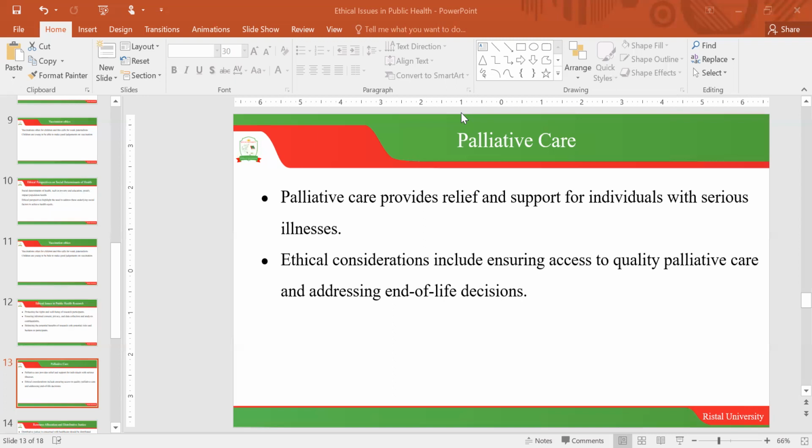Those of you who are very much interested in exploring, this could be an avenue. A private palliative care clinic. People who have terminal illnesses can be referred there, and you take care of them until they pass away peacefully. Okay.